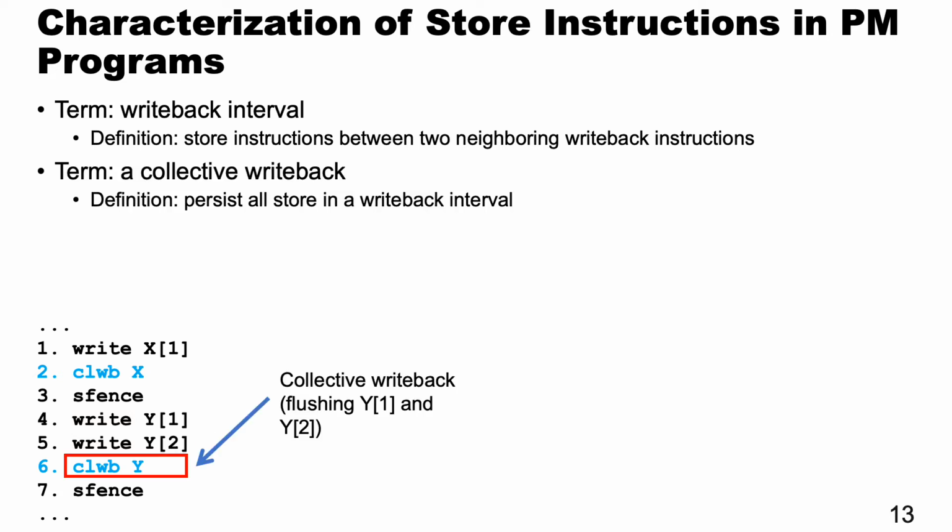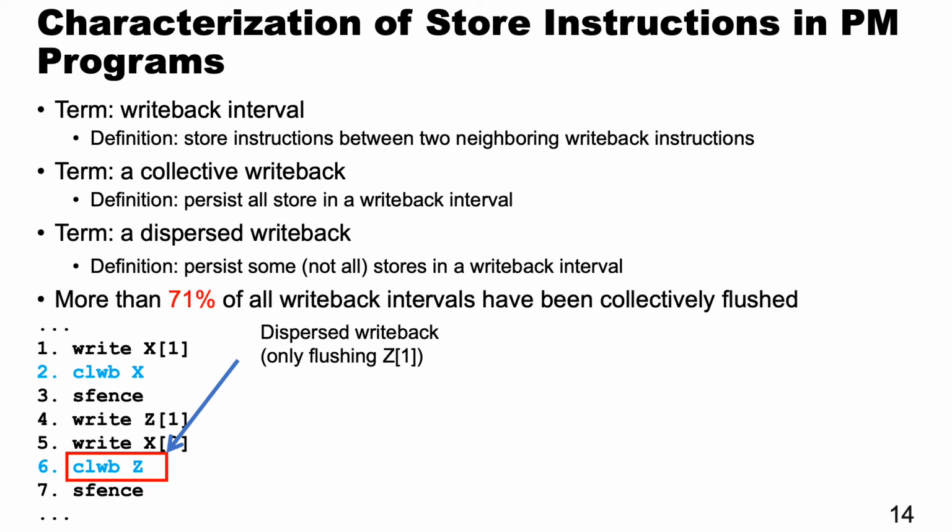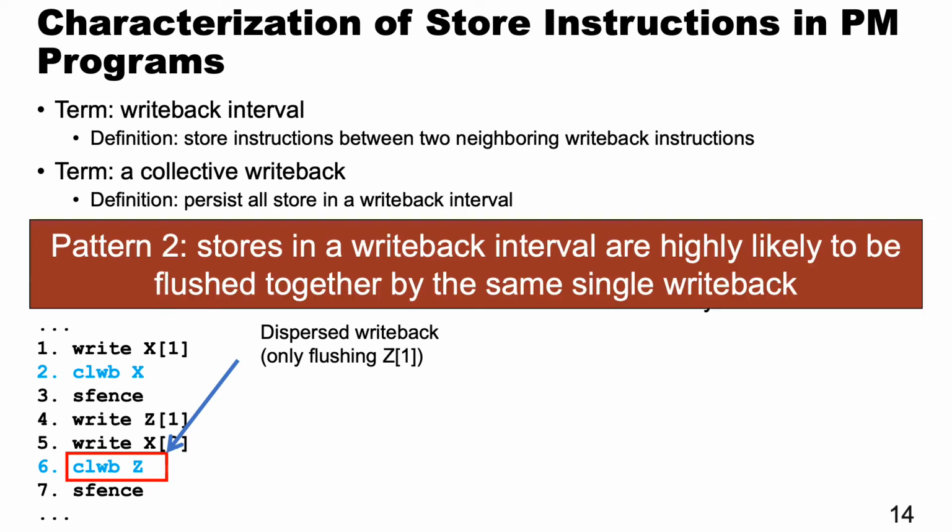If a single write-back persists all stores in a write-back interval, we call it a collective write-back. If a single write-back only persists partial stores in a write-back interval, we call it a dispersed write-back. As a result, more than 71% of all write-back intervals are collective flushes.